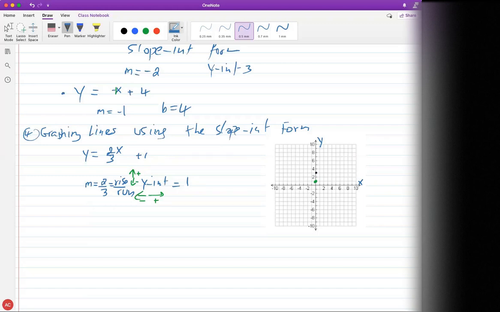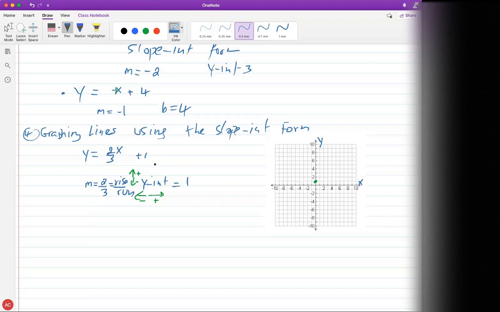Once you get to that unit, you either go left or right based on the sign. In this case, do we go right or left with the 3? Look at the run, look at its sign, and tell me whether to go right or left from here. Right. That's right, we go right. So start from here, go up 2, and then to the right.